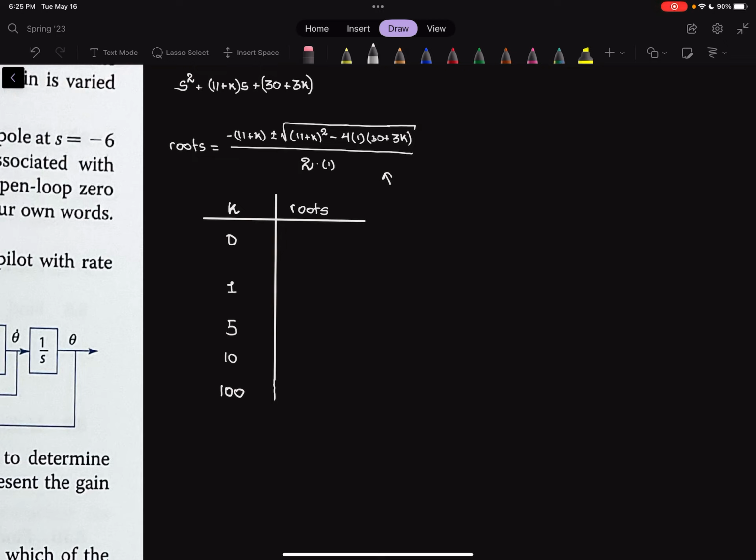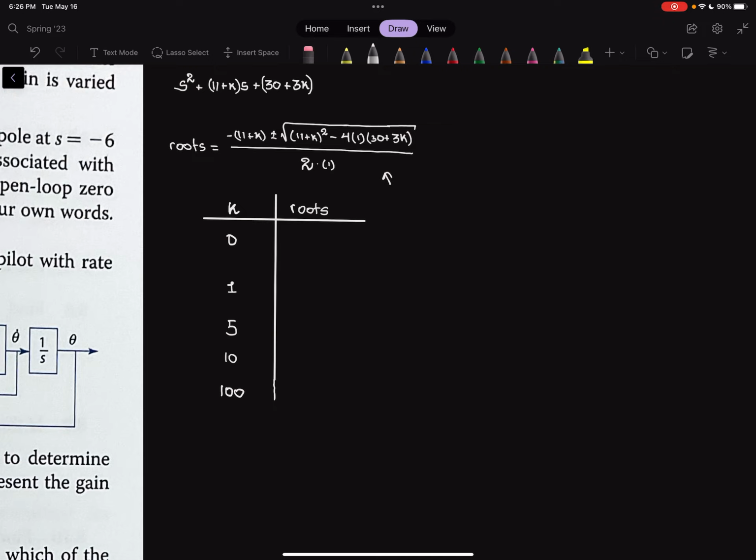I don't think I have a plus or minus sign in my calculator, so I'll just do plus the square root of 11 plus 0 squared, and I'm just setting it up for later when it's not going to be 0, minus 4 times 1 times 30 plus 3 times 0. Everything divided by 2. So I get negative 5 as one of the answers.